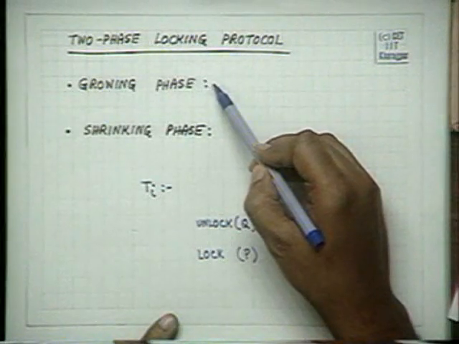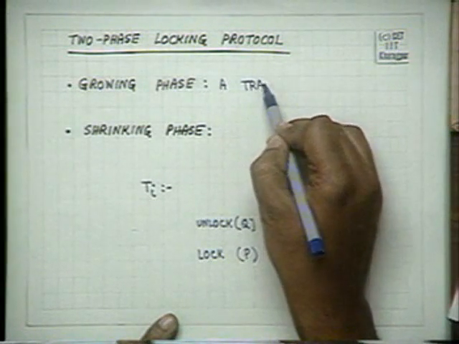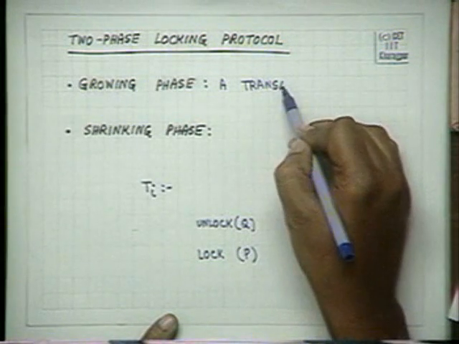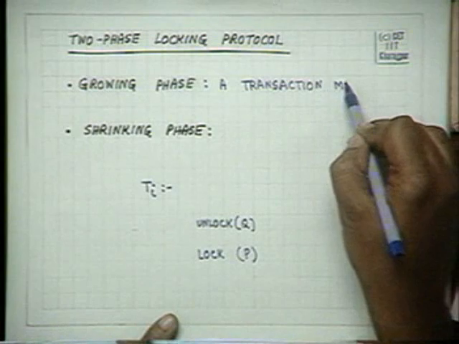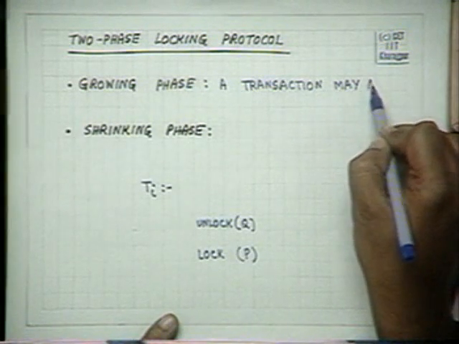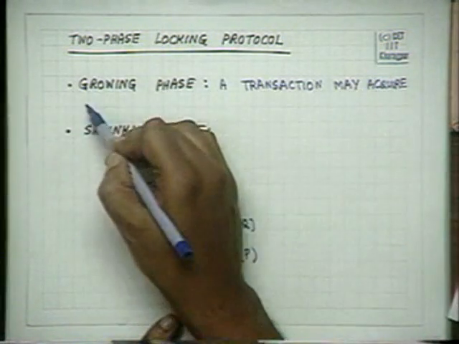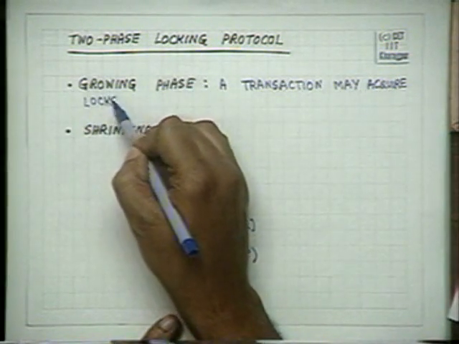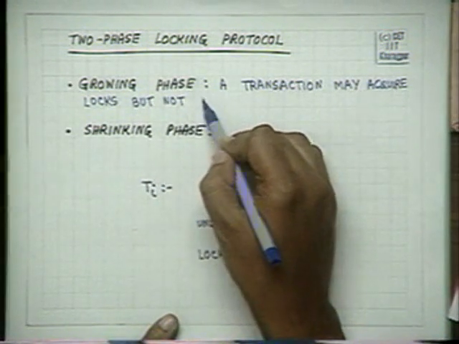So in order to avoid that, in the two-phase locking protocol, you have a growing phase in which a transaction may acquire locks but not release them.